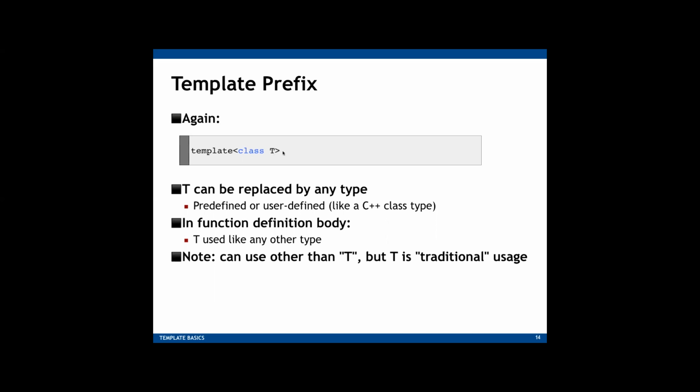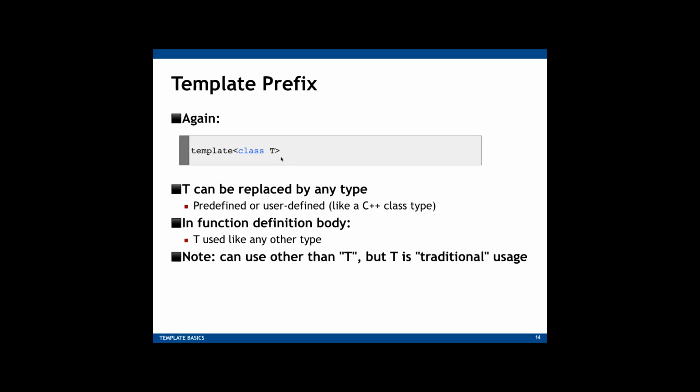And here, T, we say that it is a type parameter. T can be replaced by any type, including built-in types such as int, double, and char. And user-defined types such as a custom class type can also replace this T. And you don't have to use T. You can use any identifier such as A, B, or C. It's your choice.